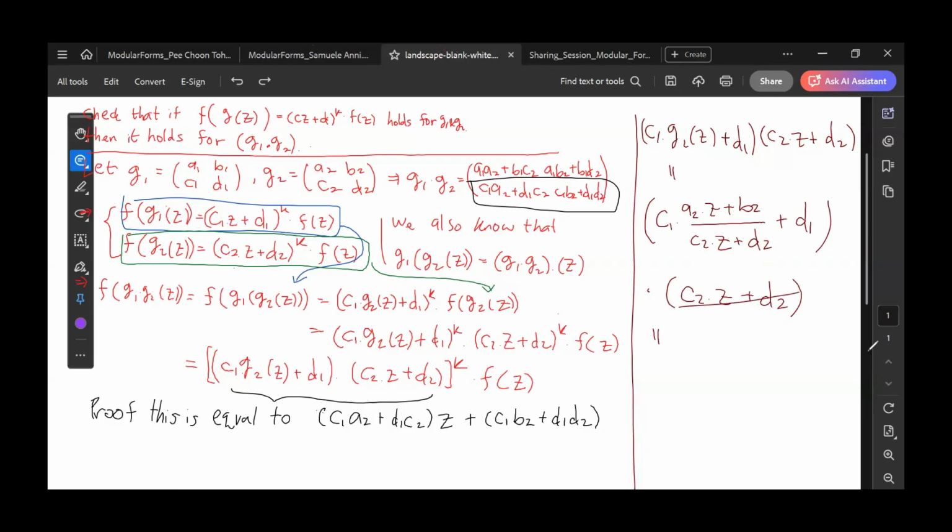This just cancels each other to become C1 times A2 times Z plus C1 times C2, plus this one times this one becomes C1 C2 Z plus C1 C2.